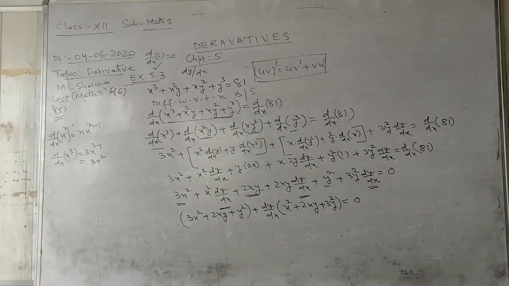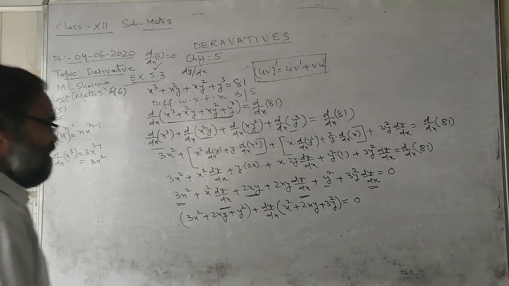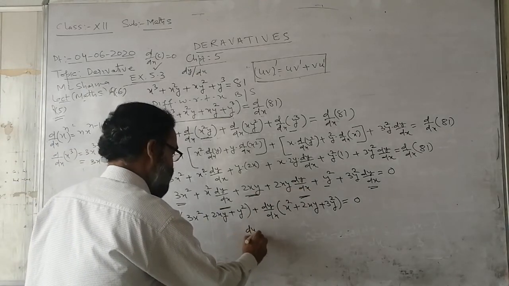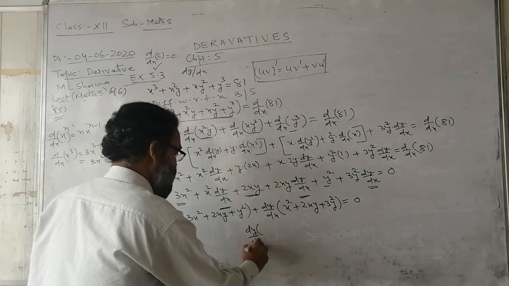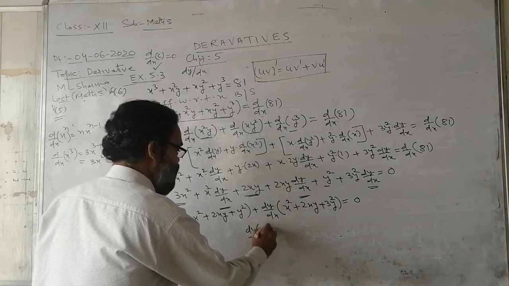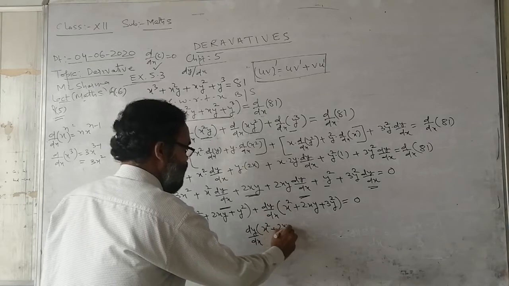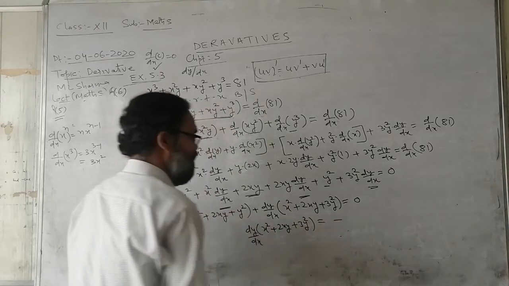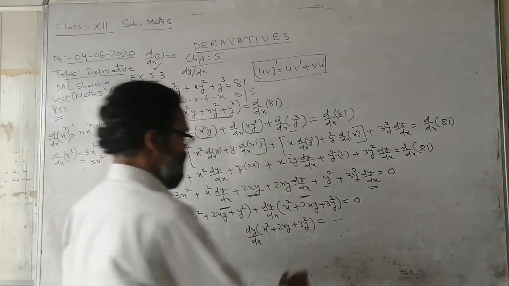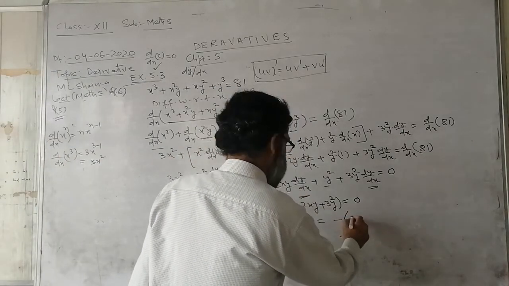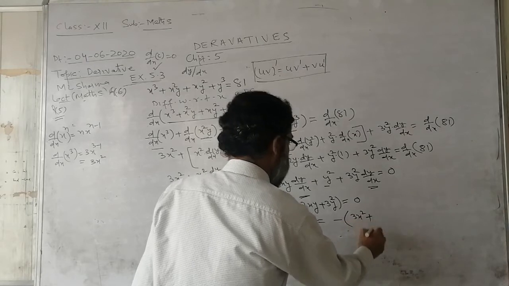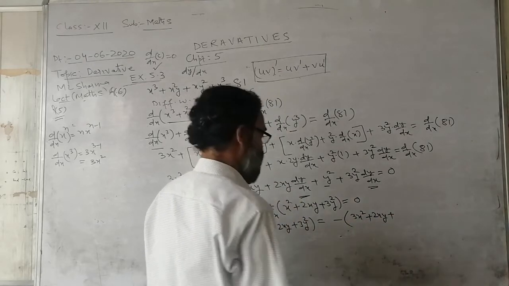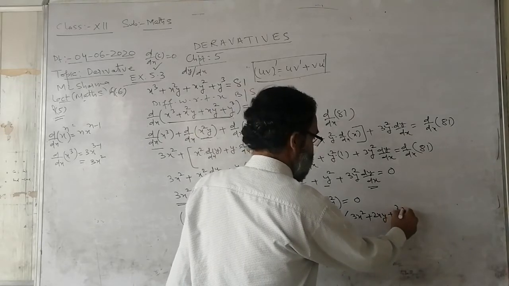So I have to find the value of dy upon dx. So these three terms, they can be transferred. Dy upon dx, x square plus 2xy plus 3y square will equal to minus sign all the three terms: 3x square plus 2xy plus y square.